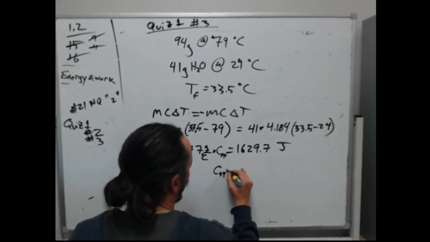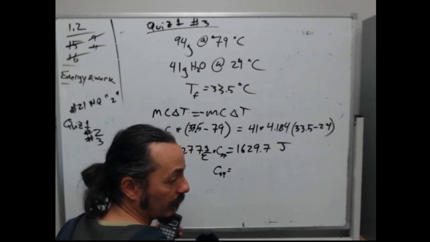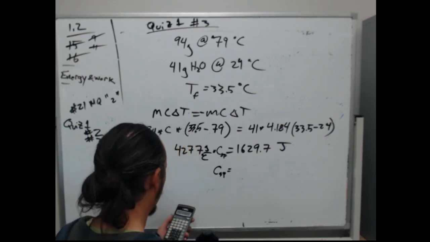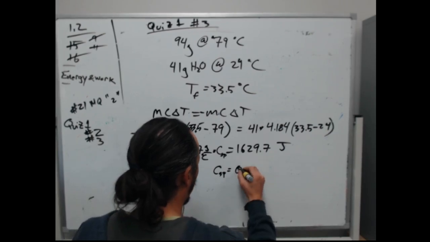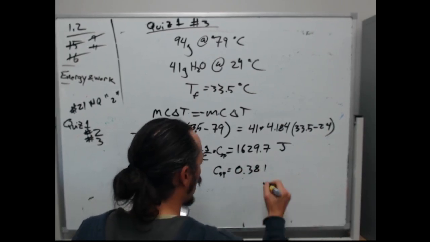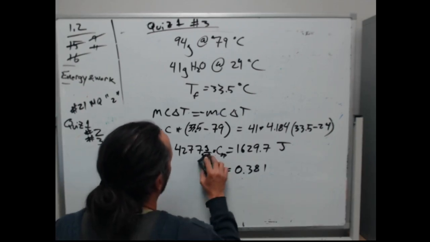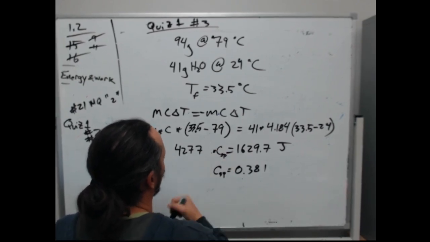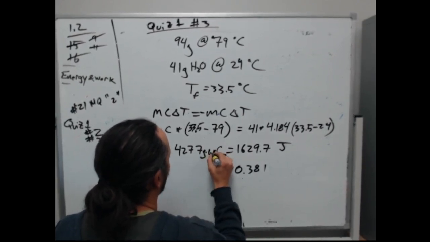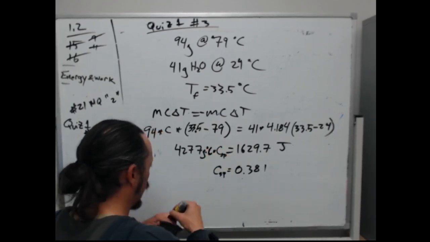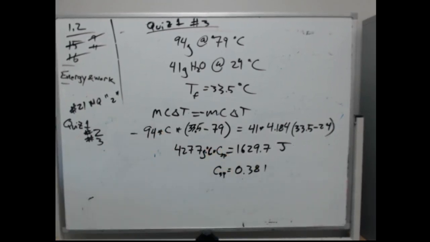I got 0.368. I got 0.381. Your units are off. The C should be multiplying grams, not divided by. Oh, you're right. Thank you. It won't affect the math, but it's nice to have the units right. Grams Celsius, so we're dividing, so we get joules per Celsius.